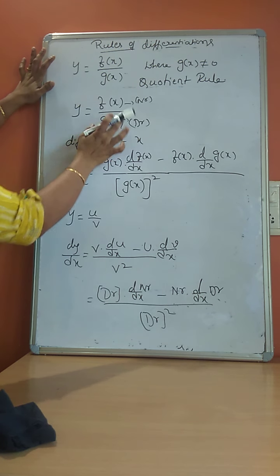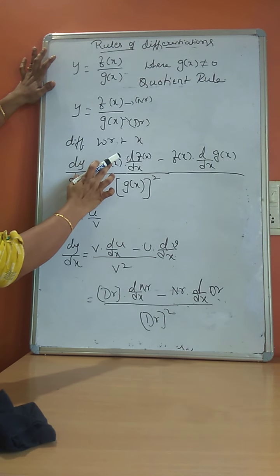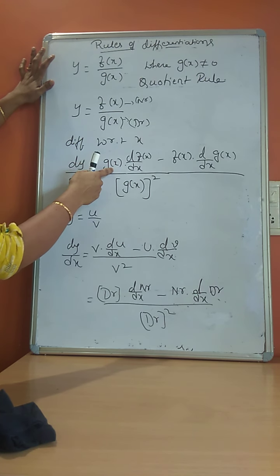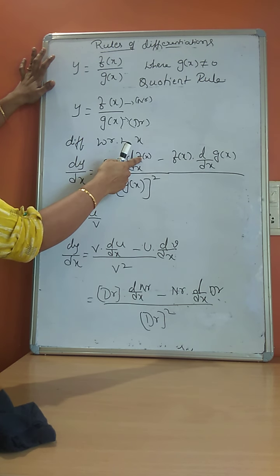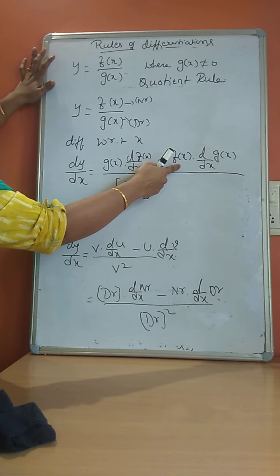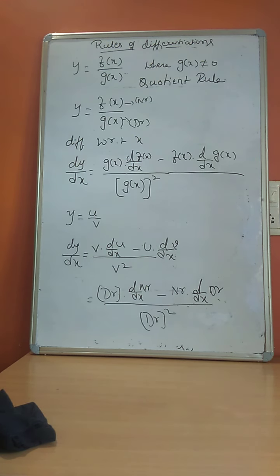Whatever the denominator is there, denominator square, and in the numerator, denominator into differentiation of a numerator minus numerator into differentiation of a denominator. So we can give one example, then you will understand that one. Observe carefully. It's very important.